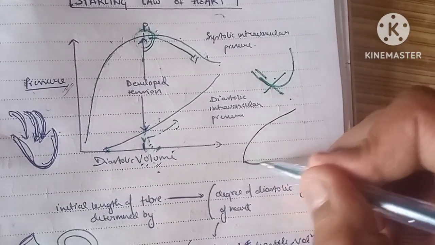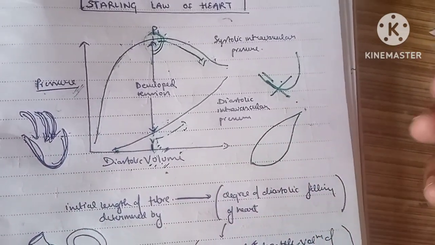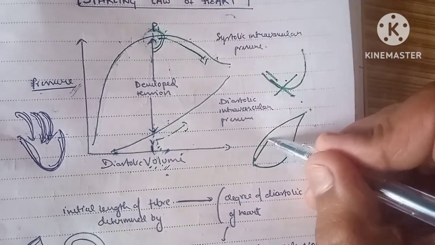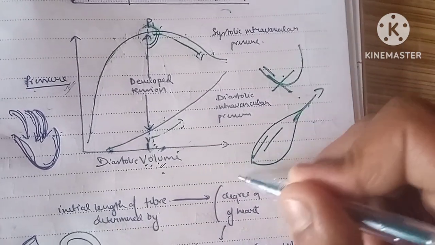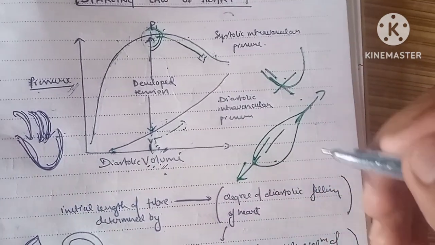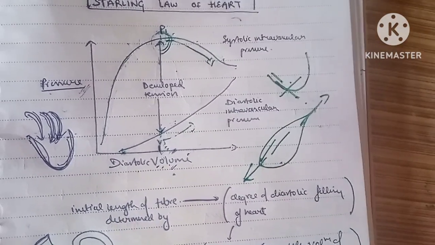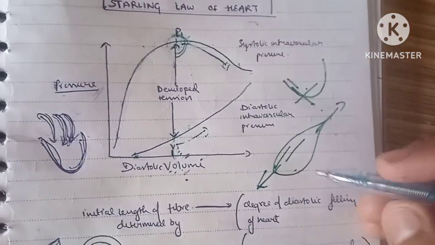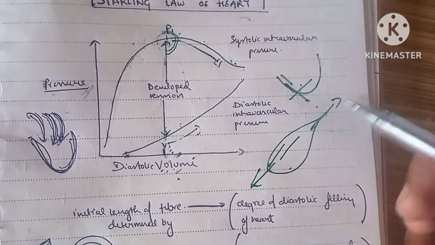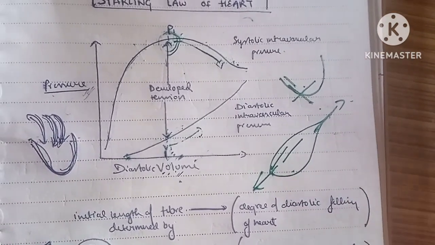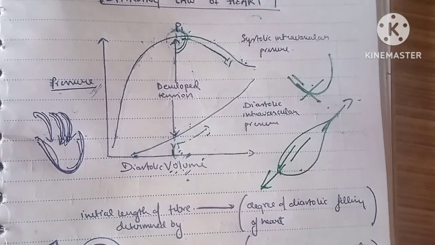Whereas in case of skeletal muscle, a different phenomenon operates. Similarly, Frank Starling law stated that with the increase in stretch of skeletal muscle, more force is generated by the skeletal muscle, and it will contract vigorously. But here also we see that with increase in stretch, after a particular limit, we are going to have a decreased level of contraction.